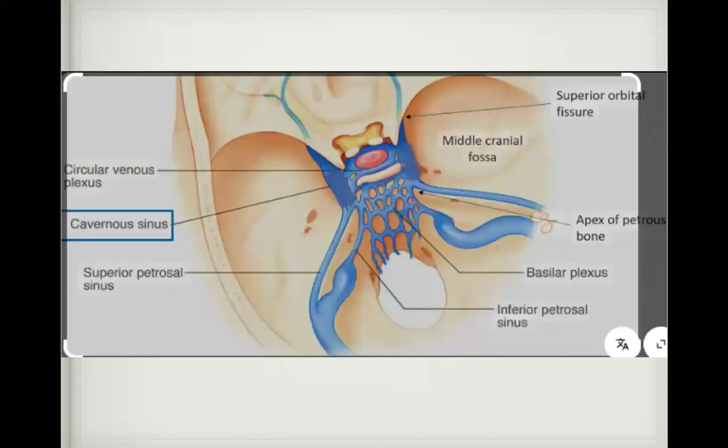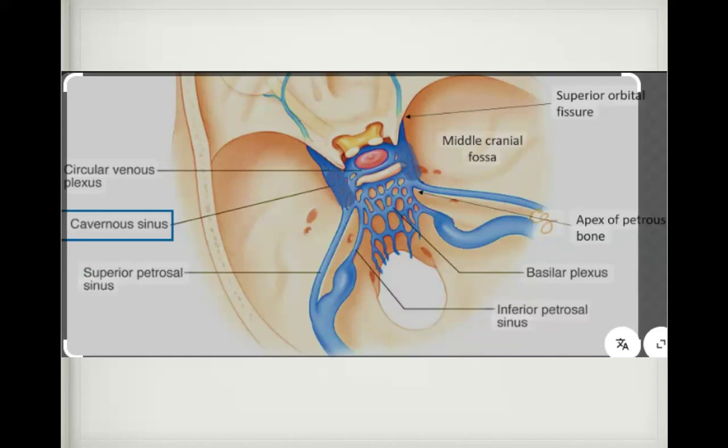So this is a very good pictorial representation of the venous structures, the cavernous sinus, and the place labeled the circular venous plexus shows the intercavernous connections, both anterior and posterior. So that whole area is just a plexus of veins. Of course, the cavernous sinus, we know, is not just a simple space.